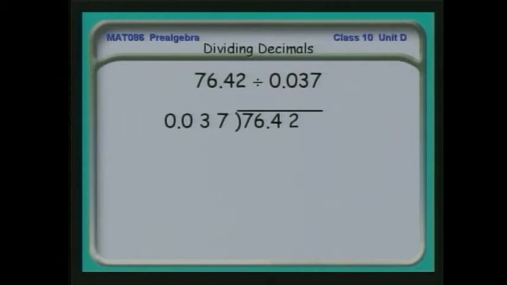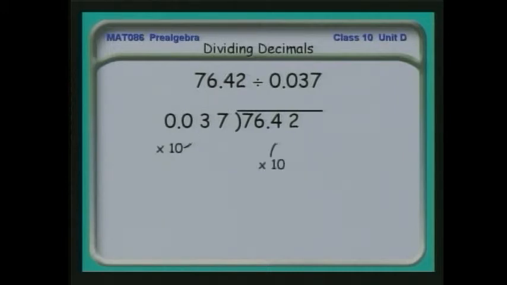What we need to do is make 0.037 into a whole number in such a way that it doesn't wreck the problem, so that you get the same answer. What I'm going to do is successively multiply the 0.037 by factors of 10 until I have a whole number. In order to keep the problem the same, I need to do the same thing to the number I'm dividing.